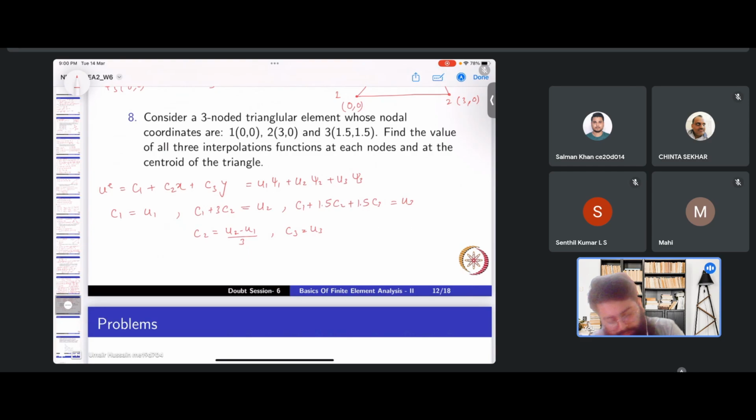C3 equals U3 minus C1 minus 1.5 times C2, which is (U3 minus U1) by 1.5 minus (U2 minus U1) by 3.